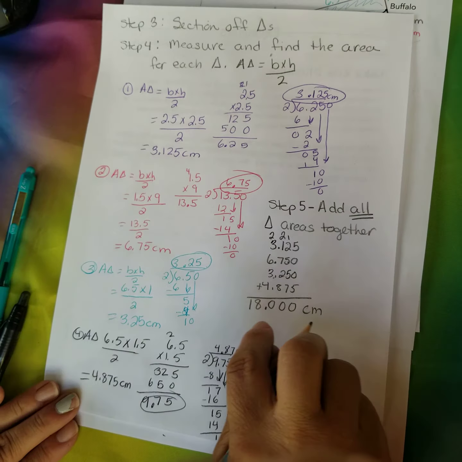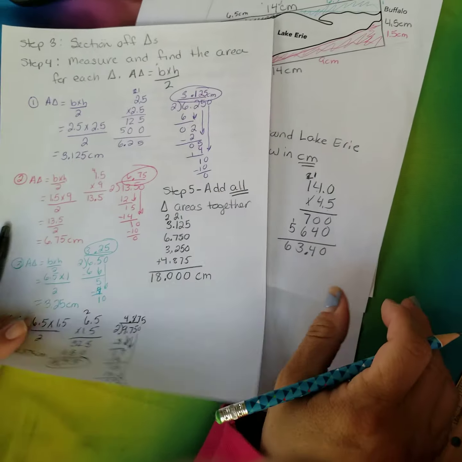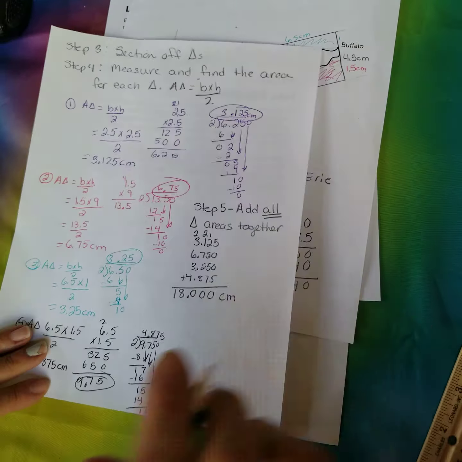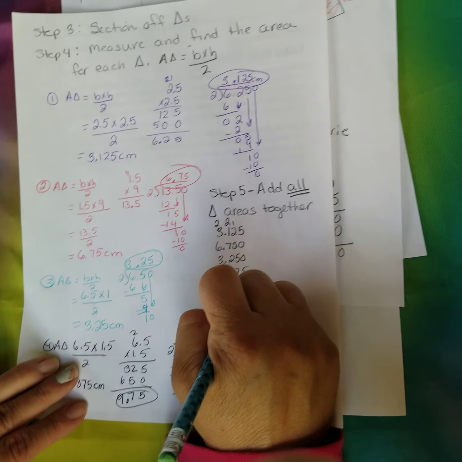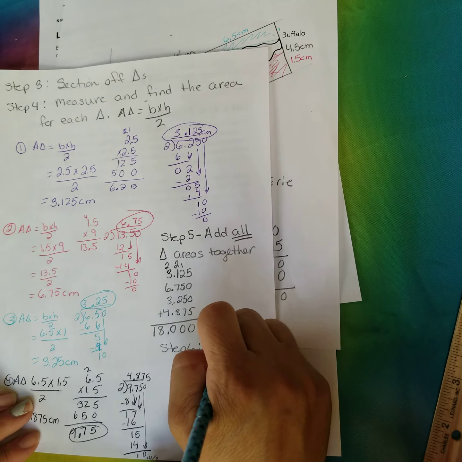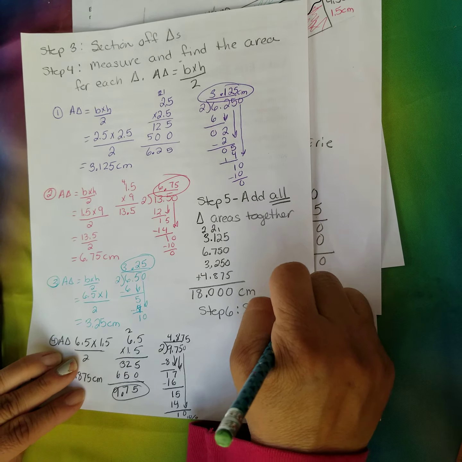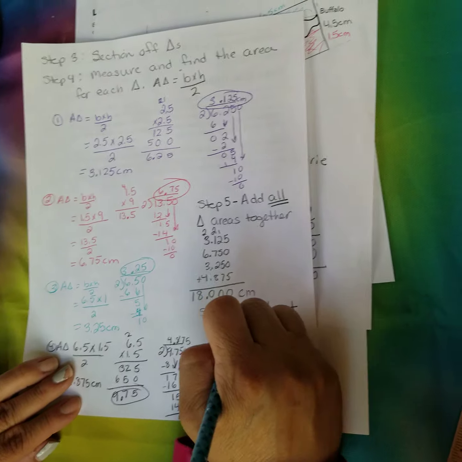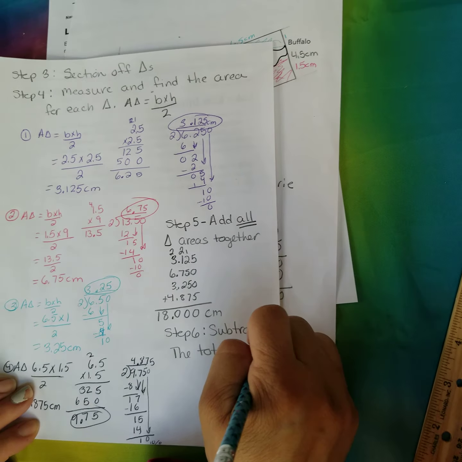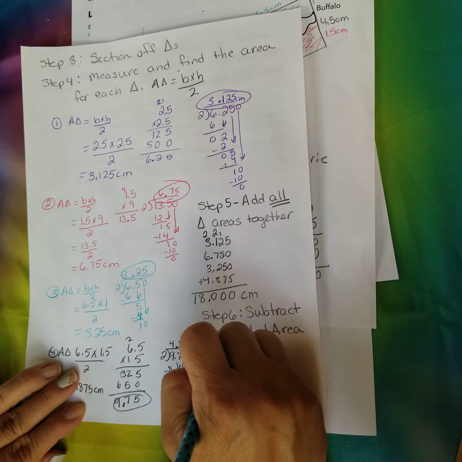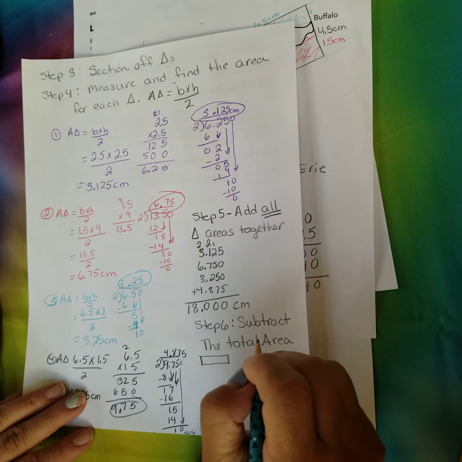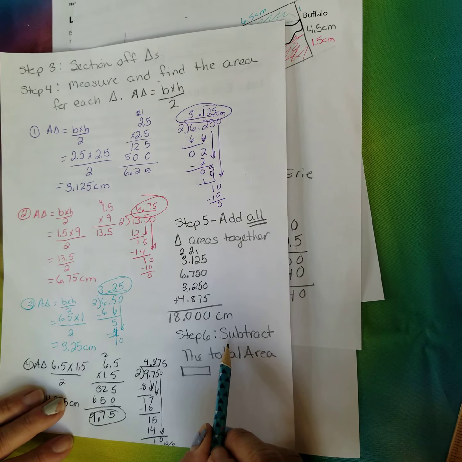Remember though, we're turning this into miles. You have to subtract that from the total. So now, step 6: subtract the total area of triangles from the total area.